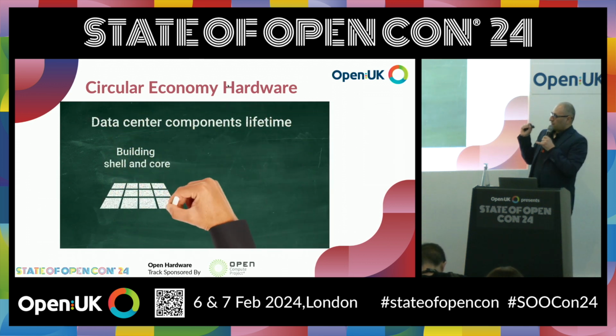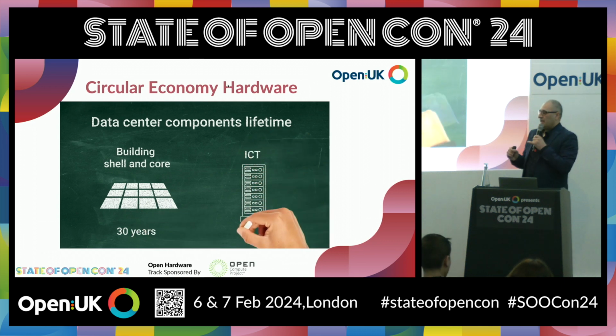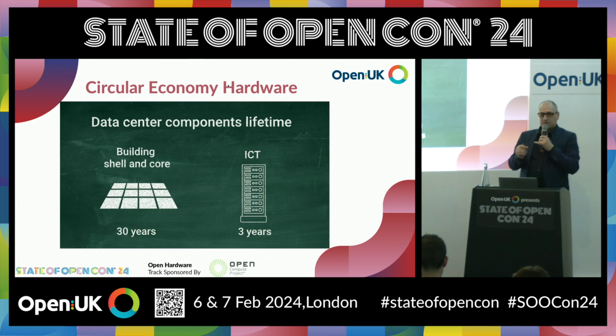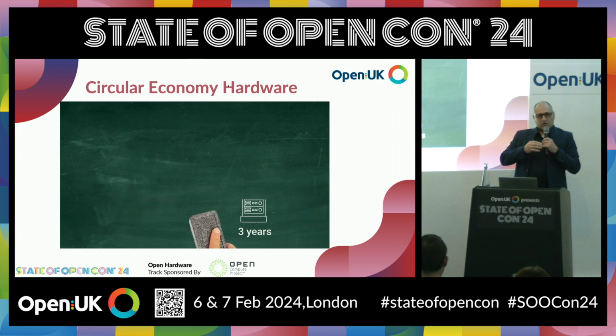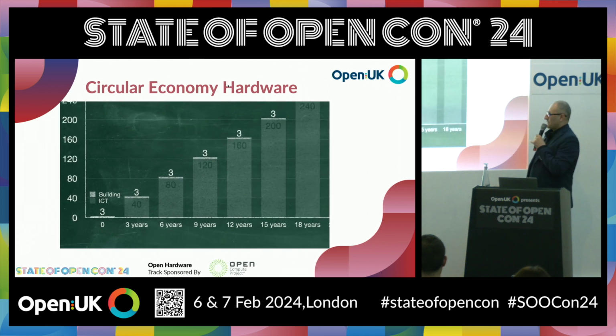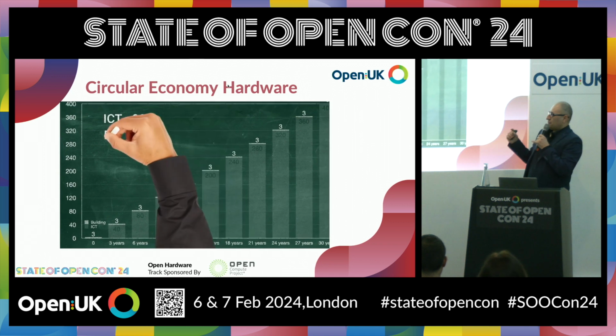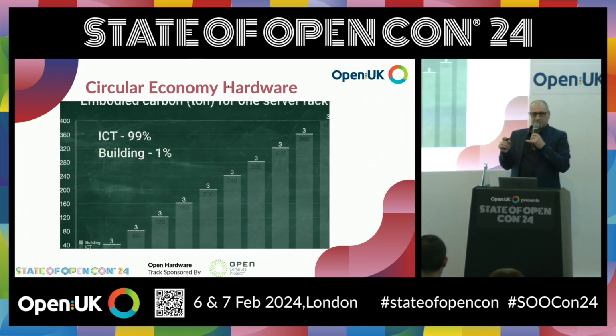But if we look at the lifetime of the building, which is at least 30 years, and the lifetime of IT equipment, which is 3 years, and we look at this comprehensively with the lifetime approach, we will see that the ratio is 3 to 400.